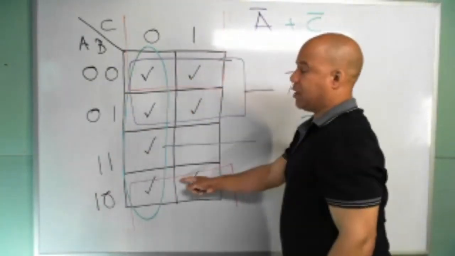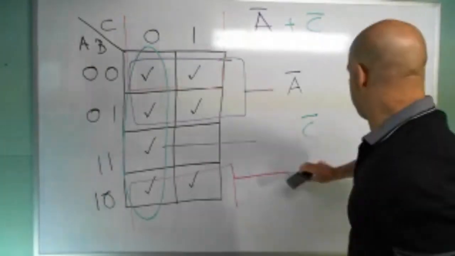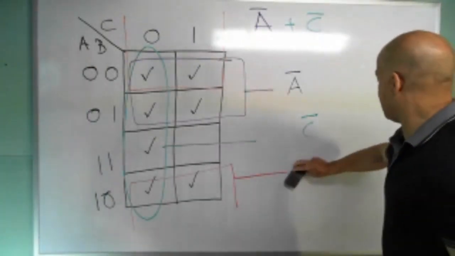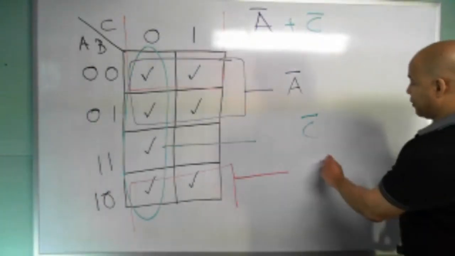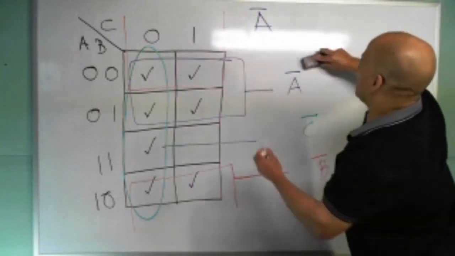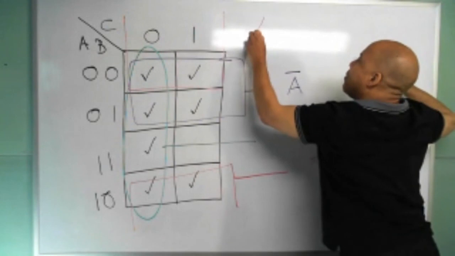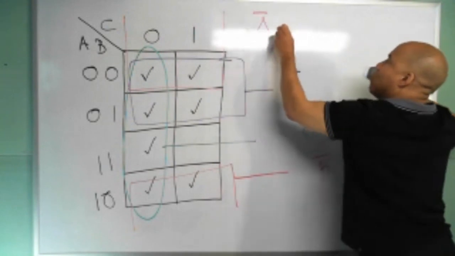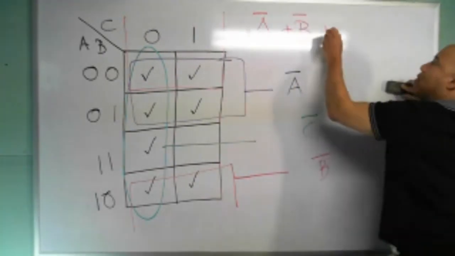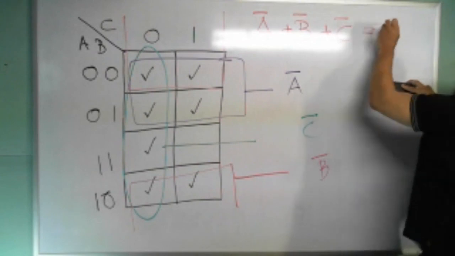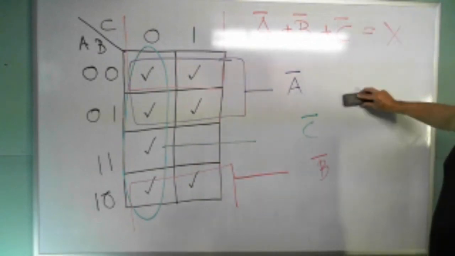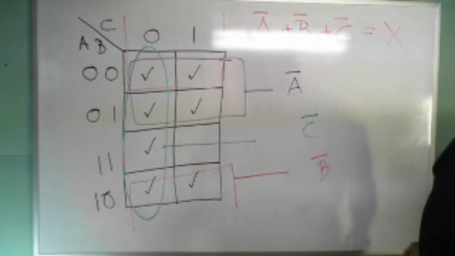So the A drops out. I'm left with B, which is a 0, so I NOT it. So I actually end up with A bar, or B bar, or C bar equals X.